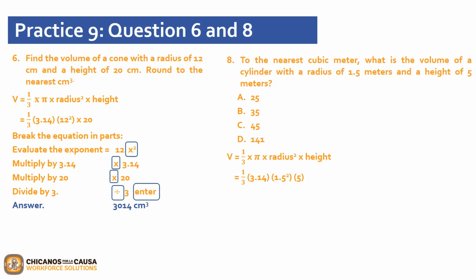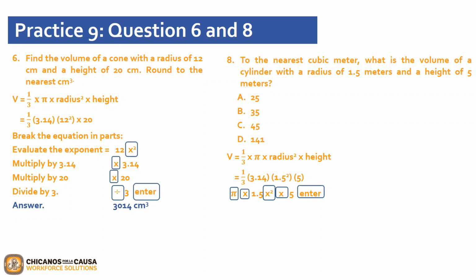Only in this case, for this particular question, we are not going to break the formula into parts. Instead, we are just going to go ahead and put it into one simple keystroke, okay? Which is what we're going to do at this time. The way that you do that is the following. That's how you're going to enter it or input it onto your calculator.